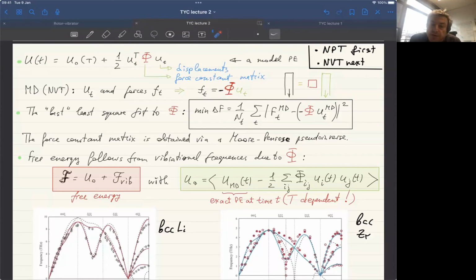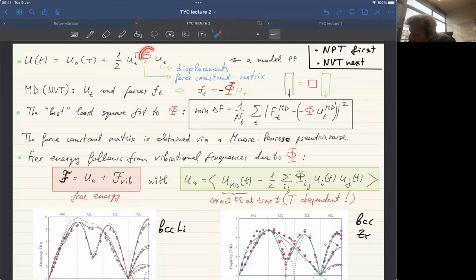But what you really want is to calculate the phonons. So you would like to then assume that the structure you obtained is an average structure, but atoms are actually oscillating around these average positions, and you would assume that the potential energy of your system would be given by the potential energy at that temperature, at these conditions, when the atoms are at these thermodynamic equilibrium positions, plus a quadratic term with respect to atomic displacements.